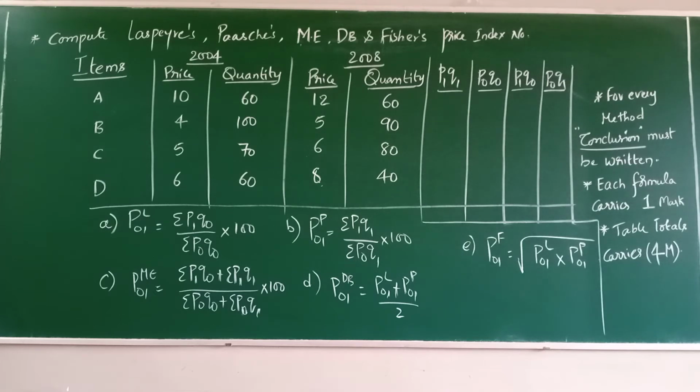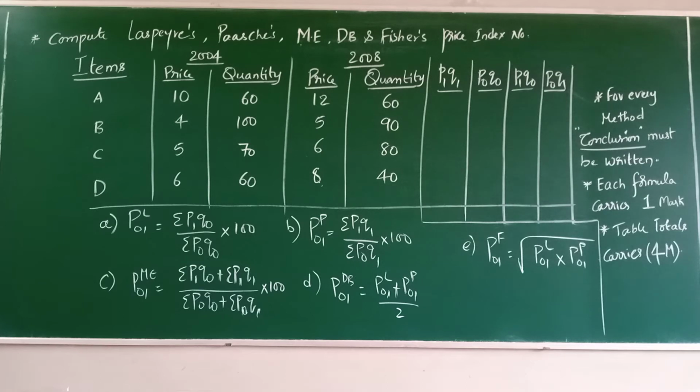Just make sure that for every problem these four columns are a must. Sometimes expenditure values will be given, that is a separate case, which I will also explain, so you need not worry. P1 Q1 first, P0 Q0 column number 2, P1 Q0 column number 3 and P0 Q1 column number 4.